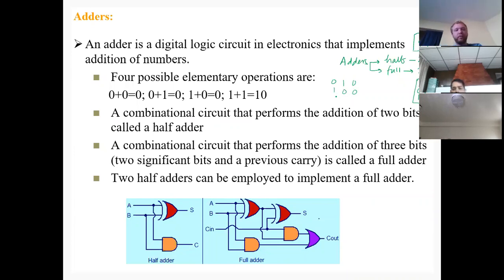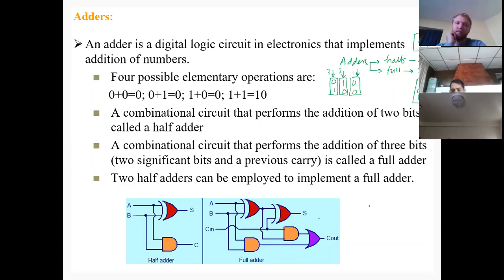We need 3 half adders. 1 half adder, 2 half adders, 3 half adders. A half adder can add 2 bits. This is 2 bits, this is 2 bits, this also has 2 bits. So you need 3 half adders here.